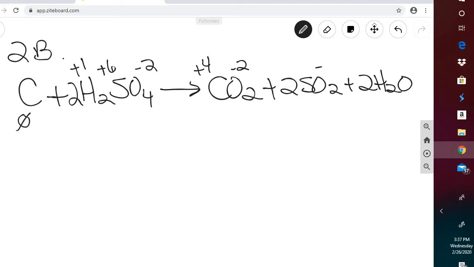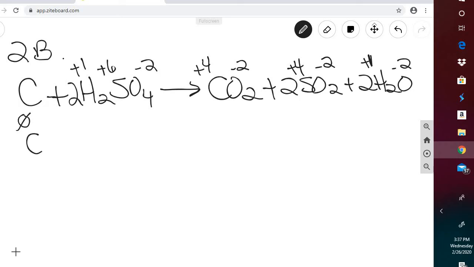Again, oxygen is -2, and that gives us -4, so then the sulfur has to be +4 because there's no charge on the whole molecule. We know that hydrogens are always +1, so that's 1 times 2 is +2, and so the oxygen is -2.